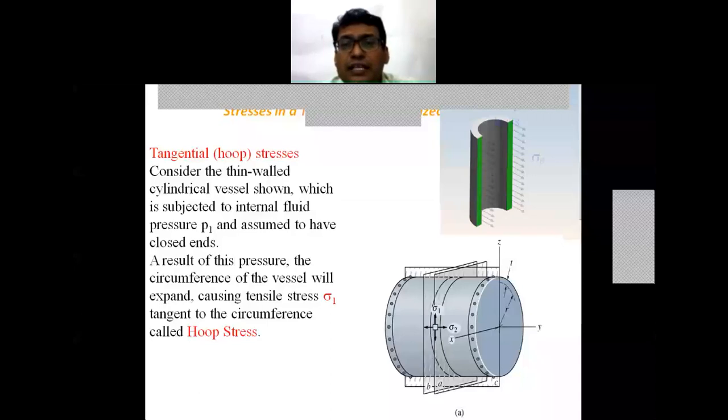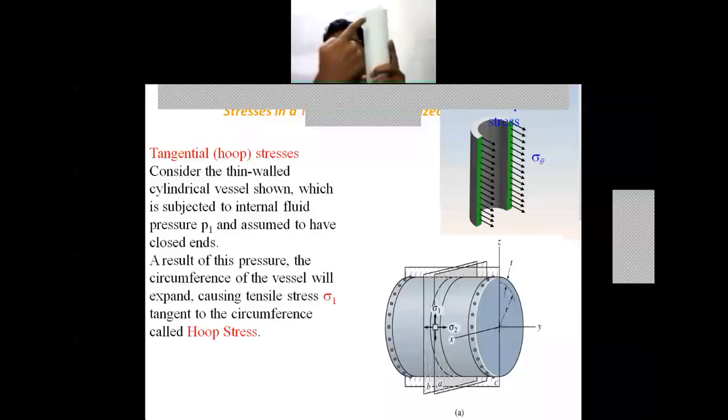Then the next is the circumferential stresses or the hoop stresses. Now in this section, I have cut the cylinder in this direction, vertically cut कर दिया है इसको, and the stresses that will be observed vertically cut करने के बाद में कैसे दिखेगा, ऐसे दिखेगा वो, and that is what is shown in this concerned figure.